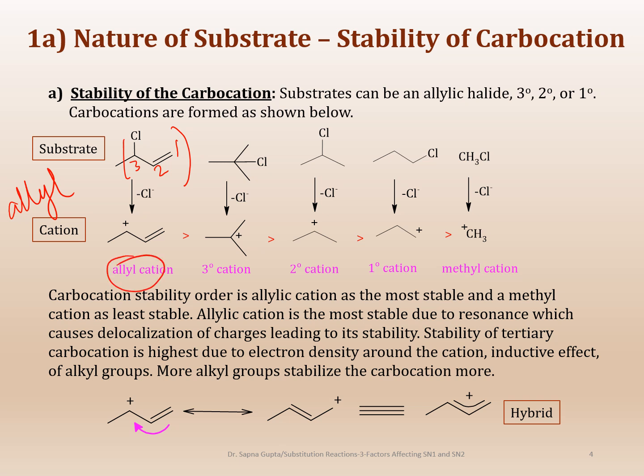You have seen the tertiary before, because we've learned about primary, secondary, and tertiary classification. So here is the tertiary, secondary, and then primary, and then we have the methyl cation. I've given you all of these so you can see what they look like and what the substrate looks like, if you have primary versus allyl.